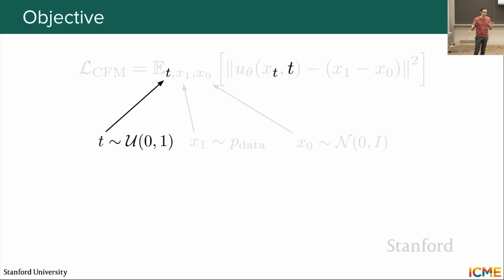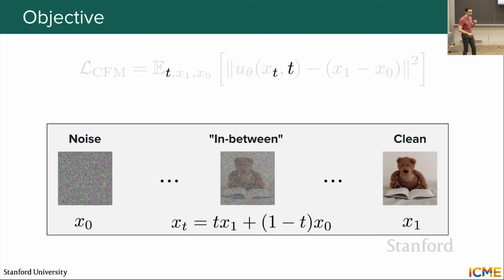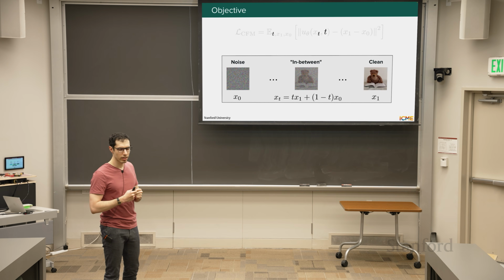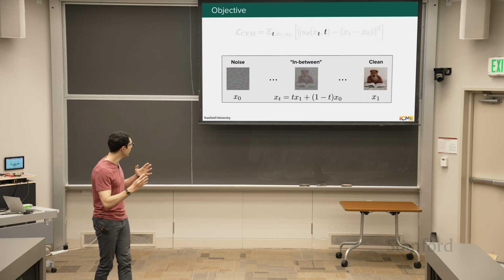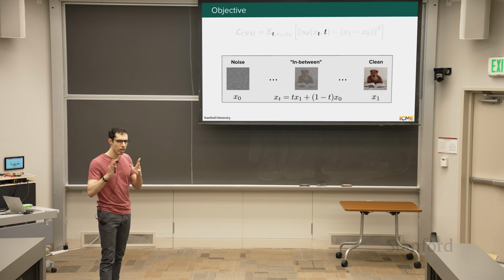I just want us to pause on this statement and see if this actually makes sense. But first, just as a reminder, here by t, we mean the noise level, where t equals 0 corresponds to a lot of noise, t equal to 1 means no noise at all, and t somewhere in between means a little bit noisy.